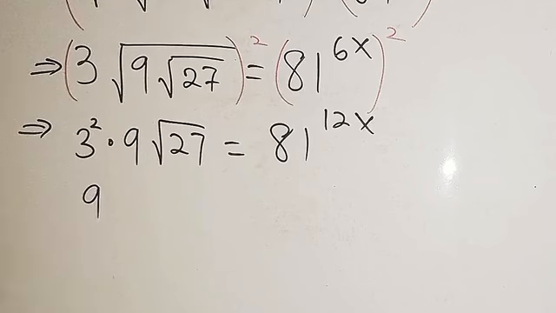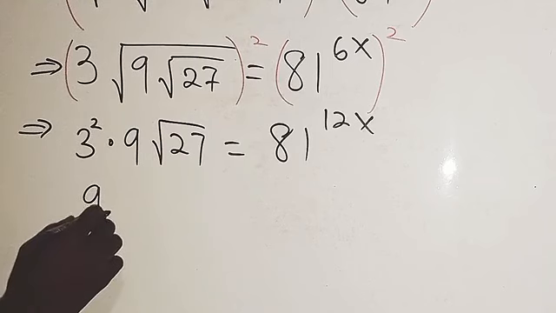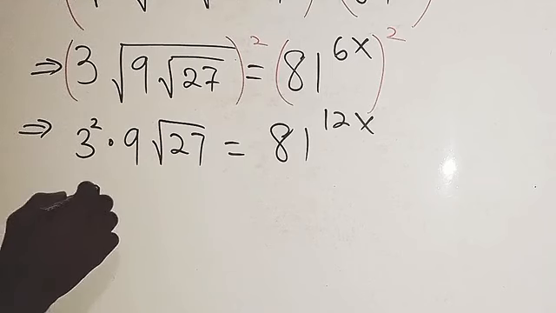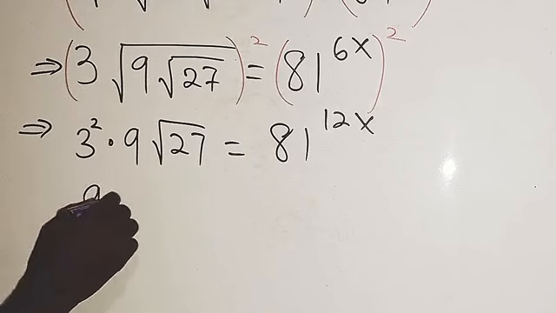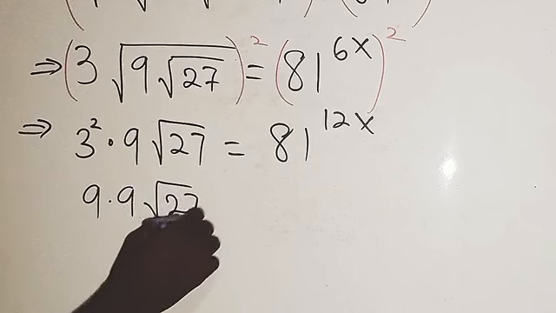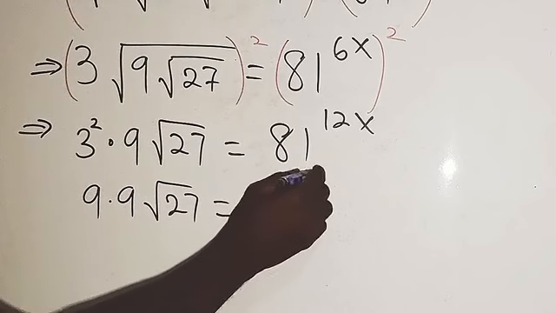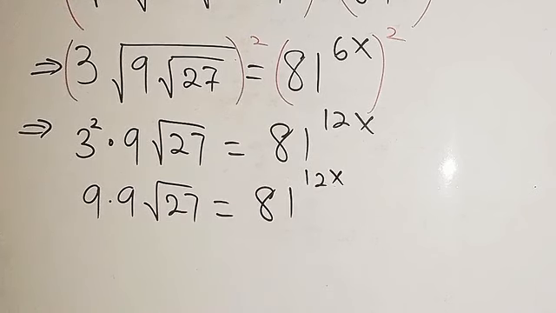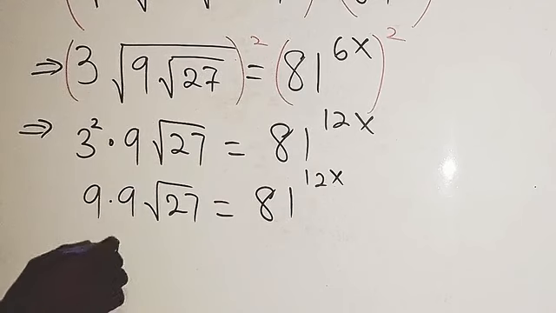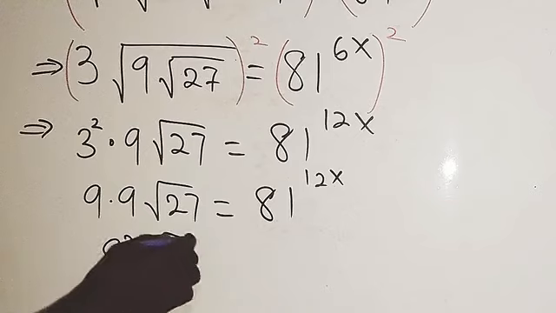So this is 9. Okay, then we have 9 here, root 27 equals 81 12x. Okay, so 9 times 9, we have 9 squared multiplied by 27 equals 81 12x.